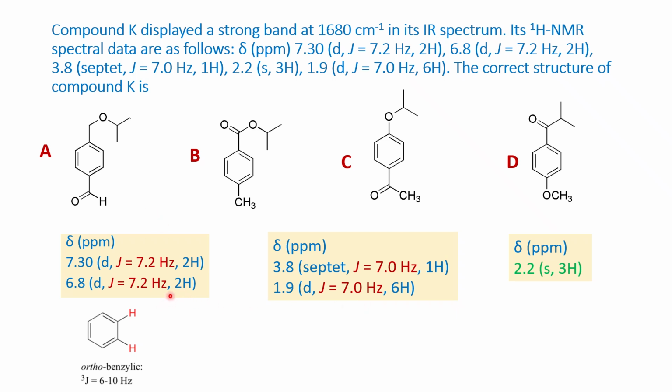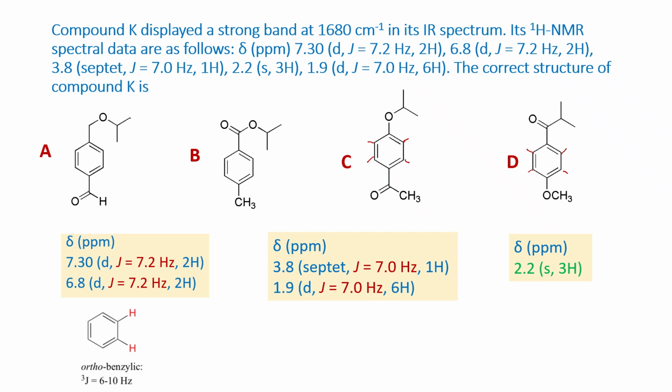These are because all of them are para substituted, and of course because they are para substituted, we know the aromatic protons are actually ortho protons. So in C and D, and A and B also, there are only ortho protons. I am not looking at A and B because IR data has ruled out these two molecules.